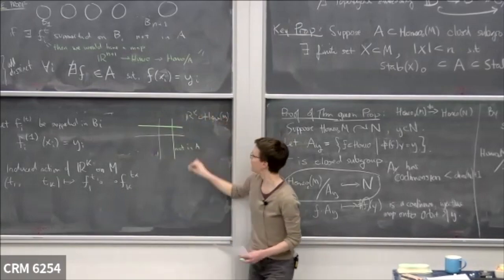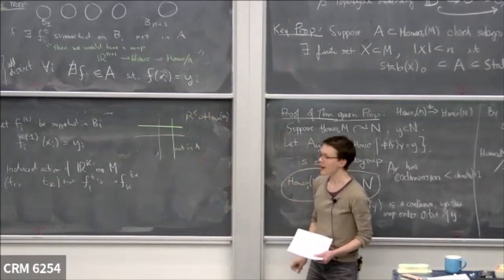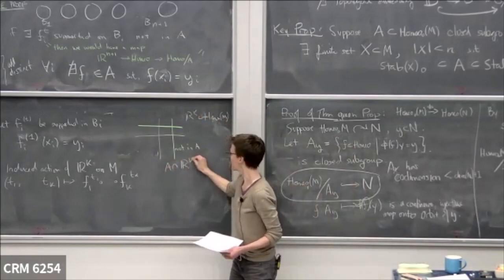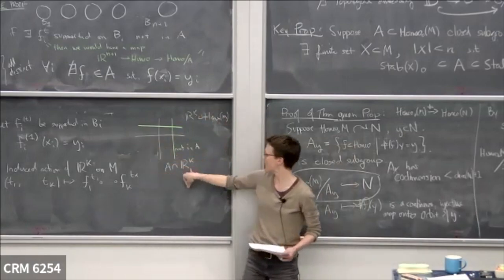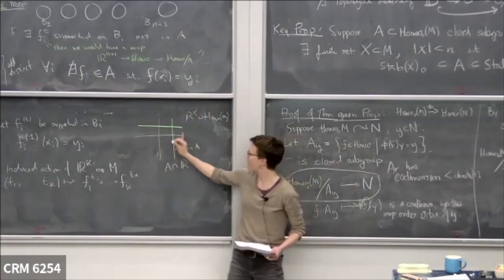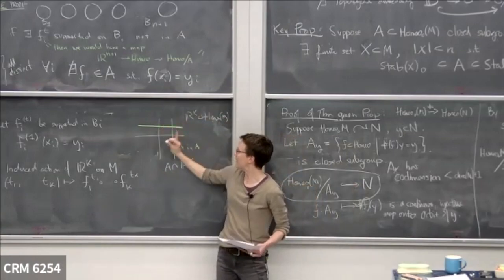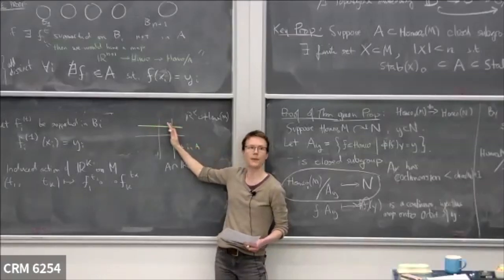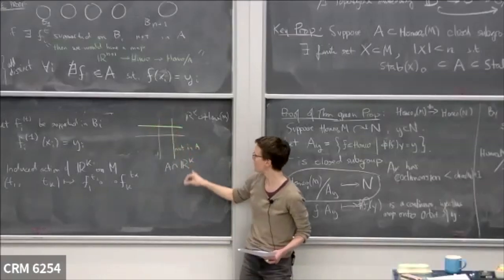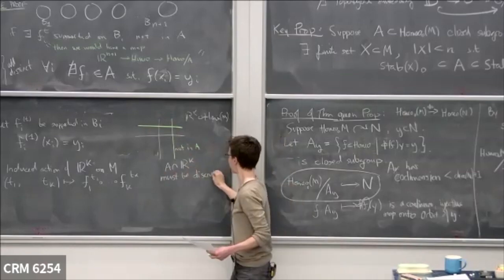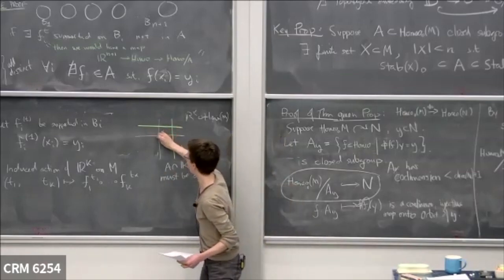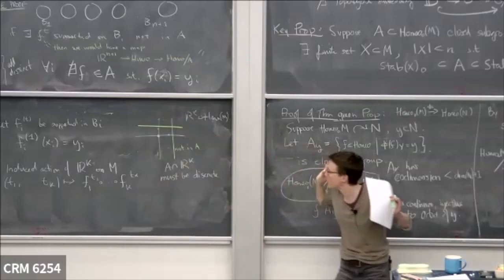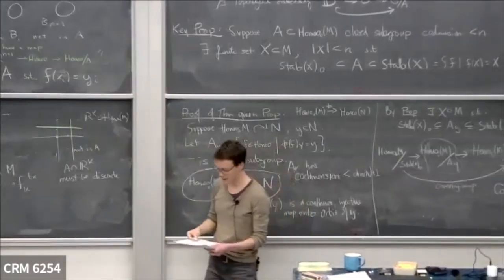are not in A. Okay, and A is a closed subgroup, so A intersect this R^k subgroup is some closed subgroup of R^k, and it avoids hyperplanes in each coordinate direction. So it must be discrete. It'll contain the origin, but maybe it's something like this. It could just be discrete, but that's fine, discrete is good enough, right?